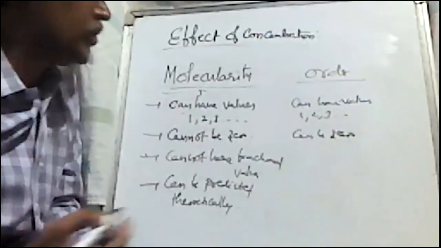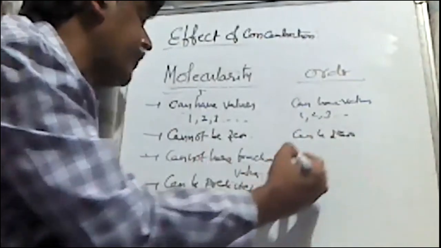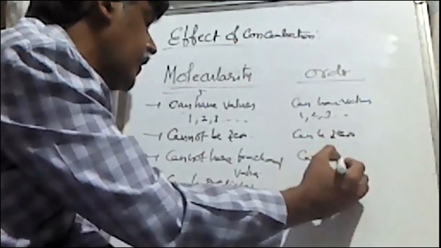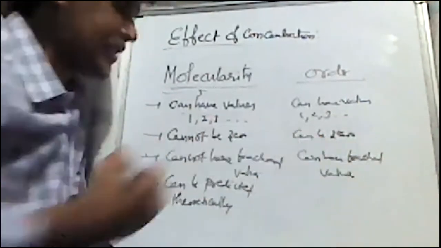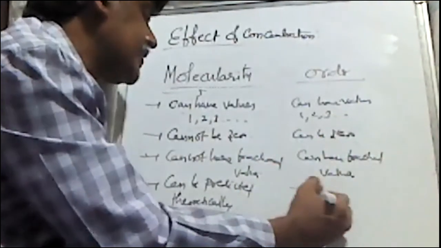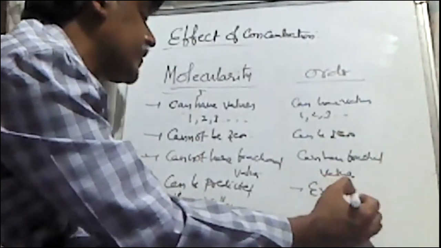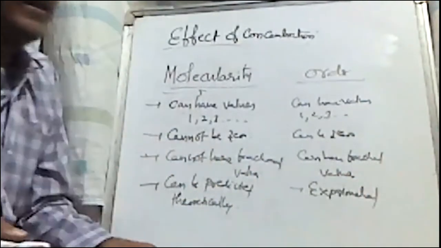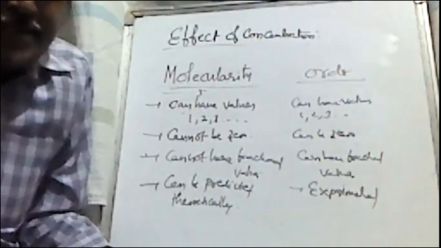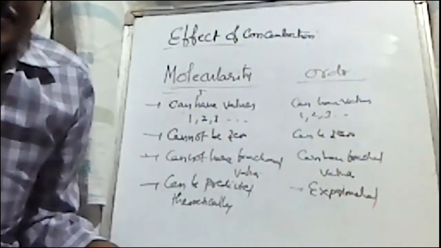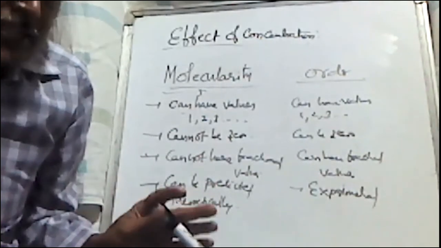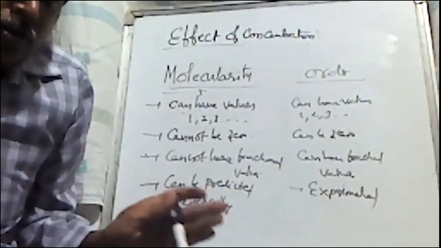Molecularity cannot have fractional values, but order can have fractional values. Order of reaction is an experimental quantity, whereas molecularity is a theoretical quantity, right? So these are the differences between order and molecularity.